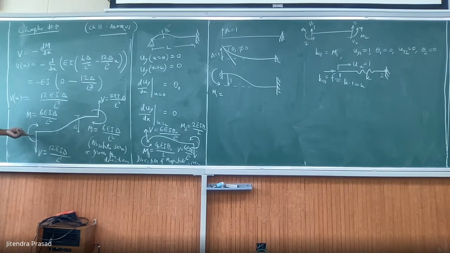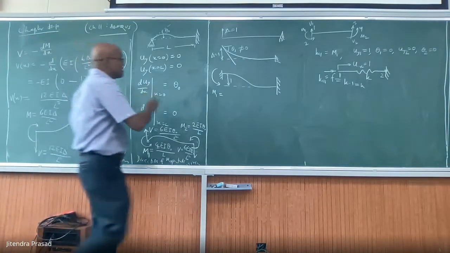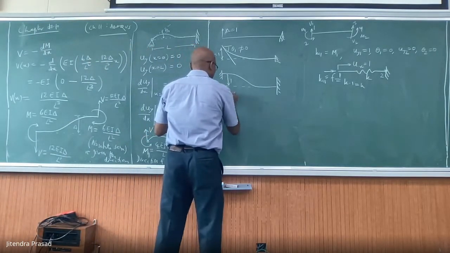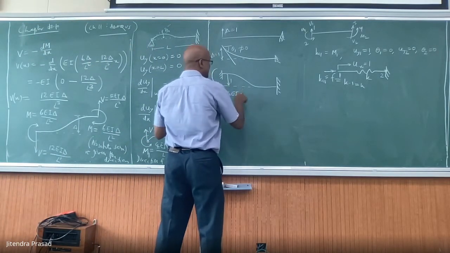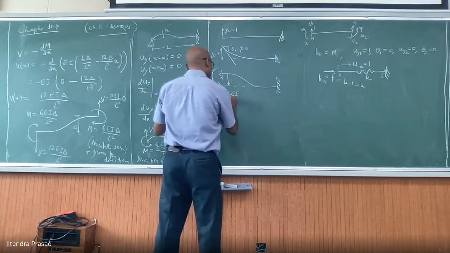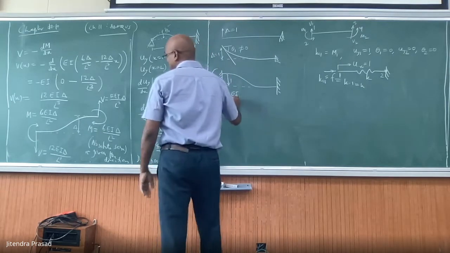Now you have to visualize, you have the other way around. If you take it up, the moment will be in the other direction, but the value will be the same. M1 equal to 6EI, delta equal to 1, so we write 6EI over L square.